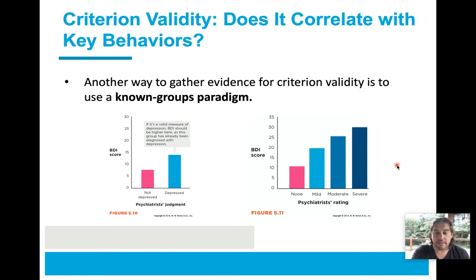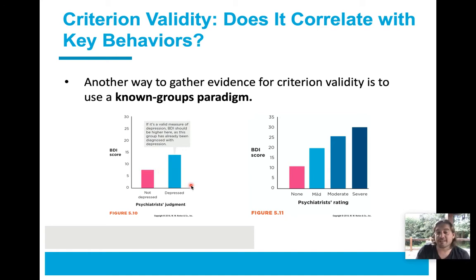Right? That makes sense. So we see over here on the left, I have the score on my depression measure on the y-axis. And if it's going to have good criterion validity, we would expect a group of depressed people to score higher on depression than a group of not depressed people.